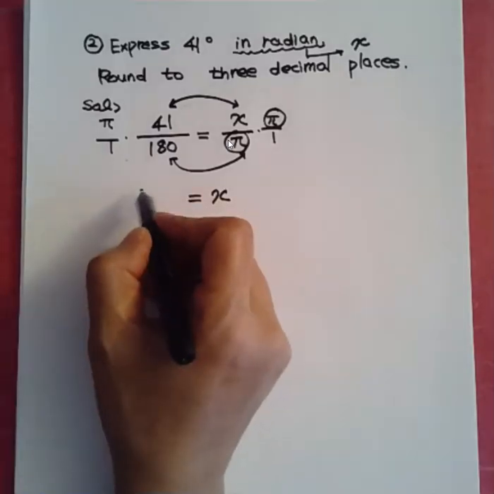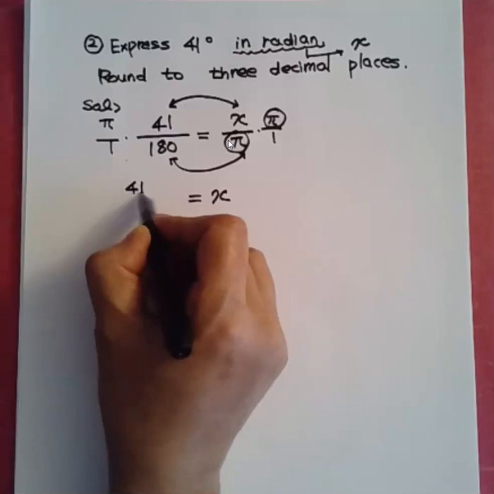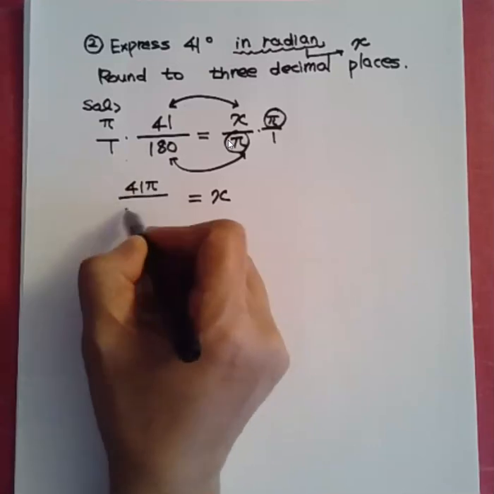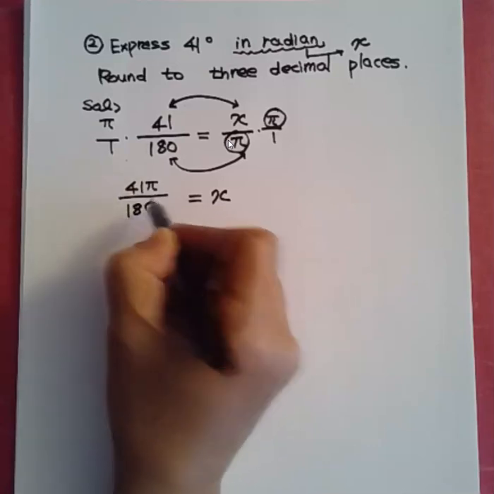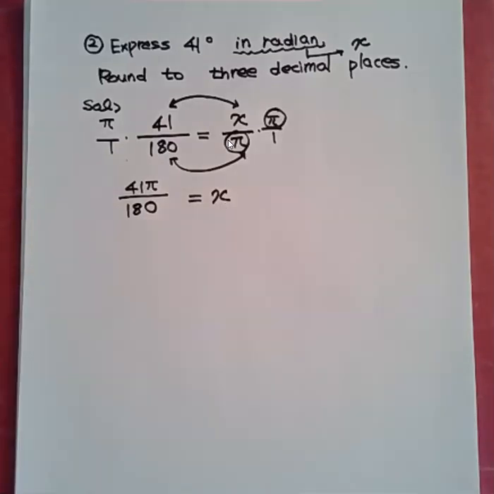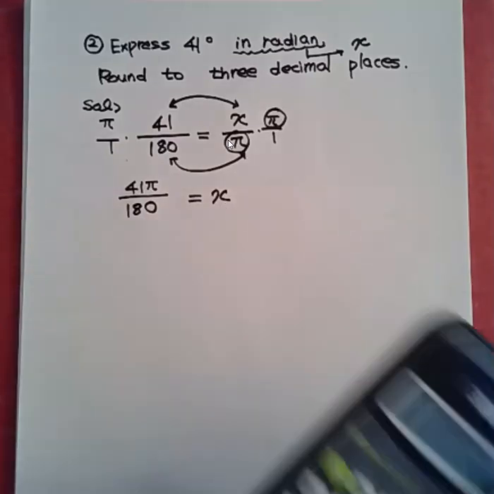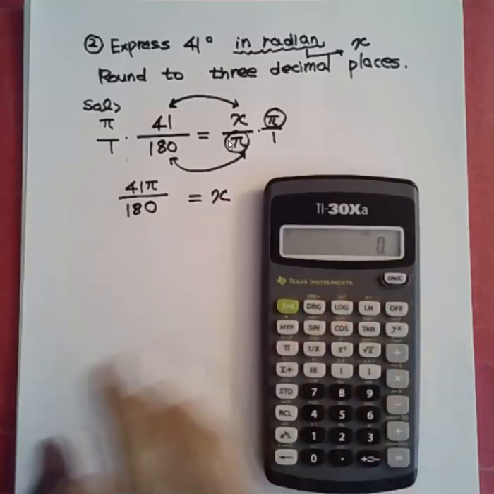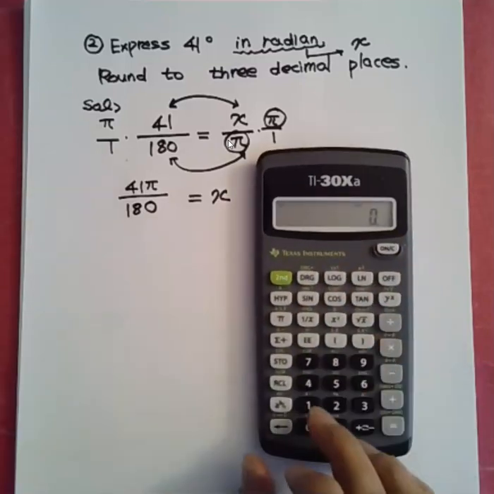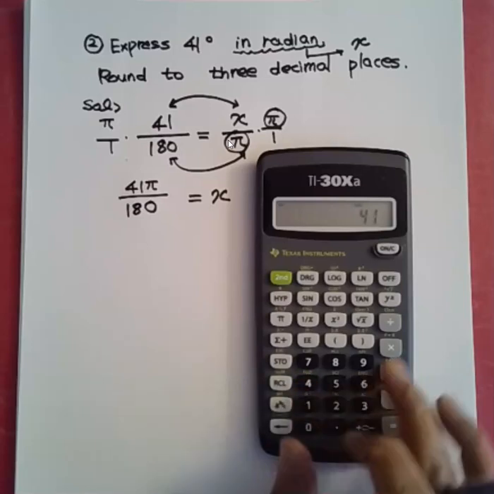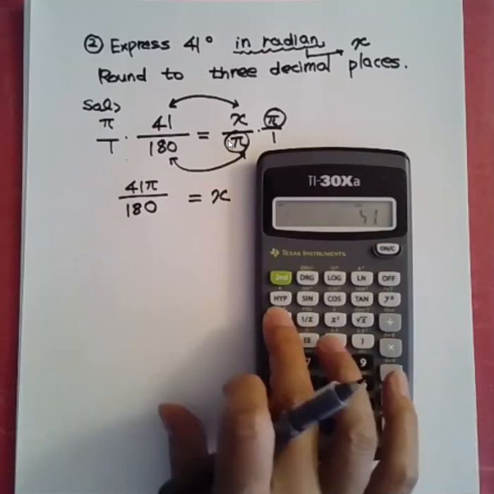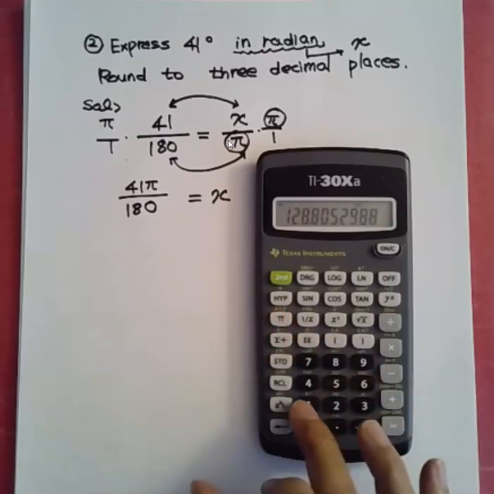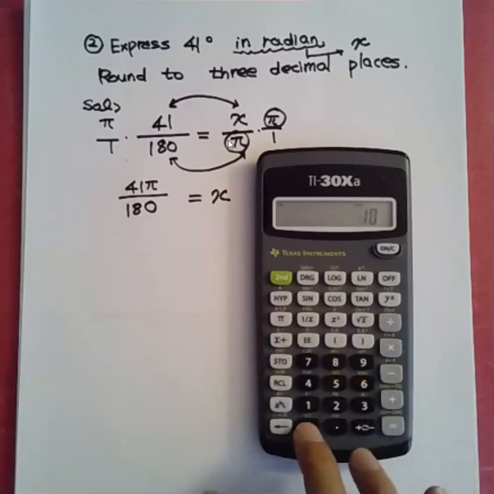On the left side, we have 41 pi over 180. Of course, 41 pi means 41 times pi. Let's use the calculator. 41 times pi divided by 180.